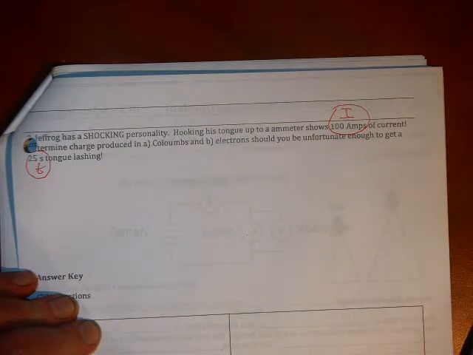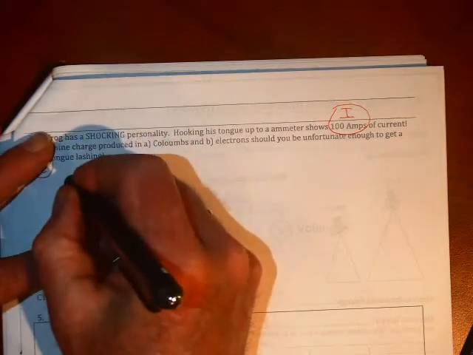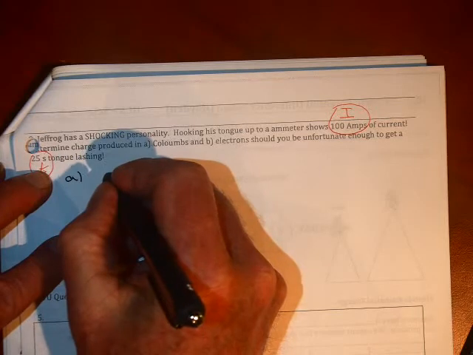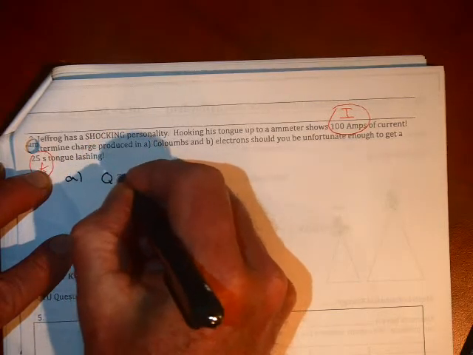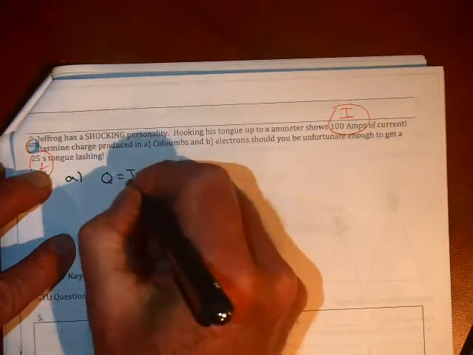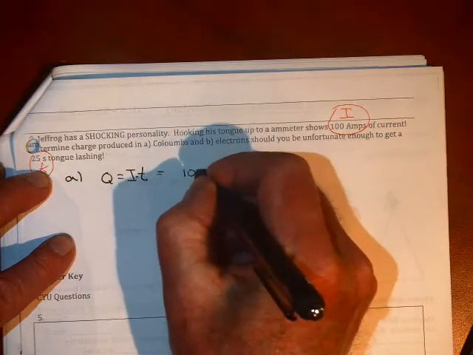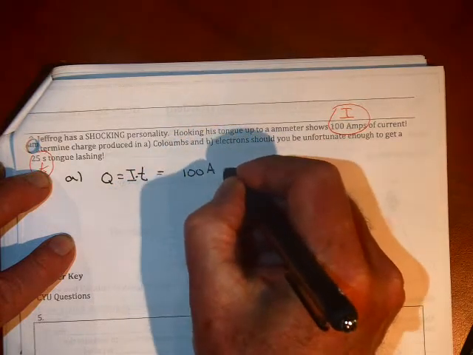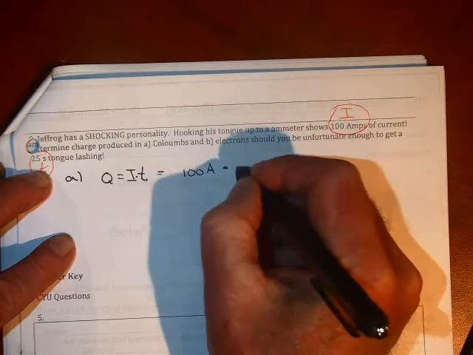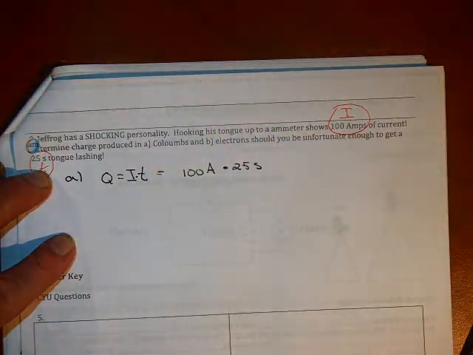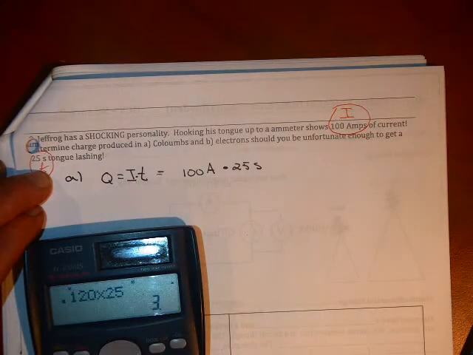So charge, A in coulombs, Q is equal to I times T, which is I is 100 amps times 25 seconds. 2,500, right?